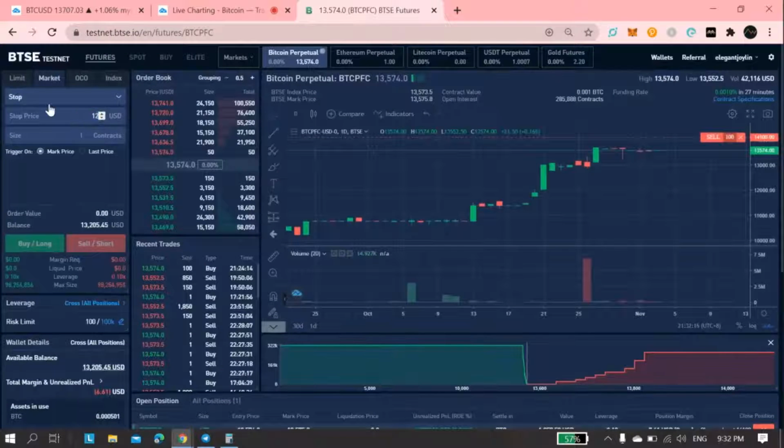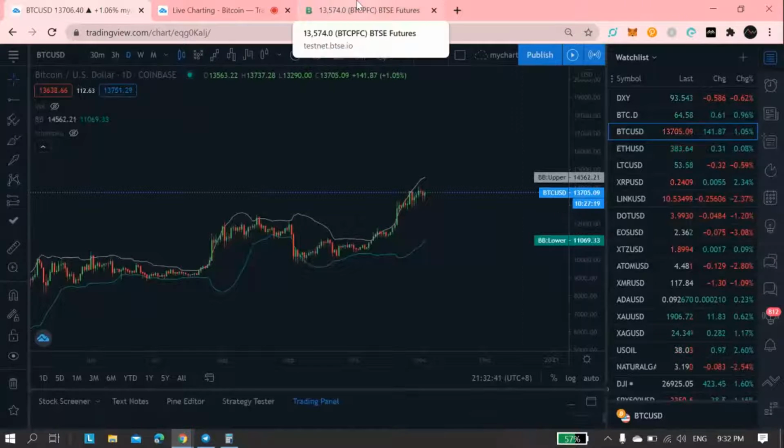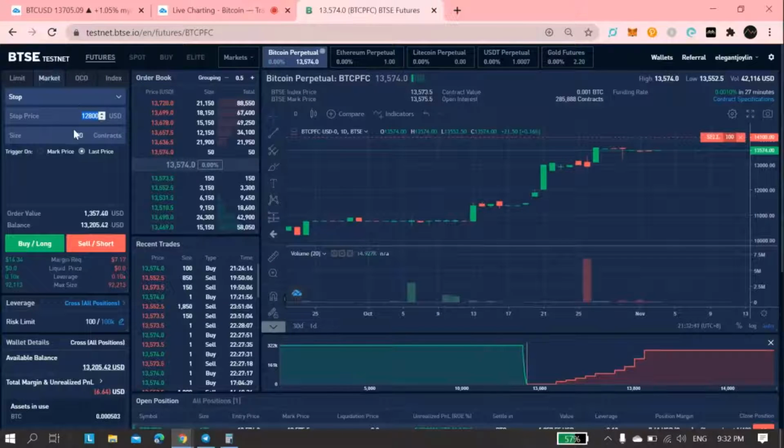So let me use 12,000 as stop loss, and then the size is 100. I normally use the last price and then sell or short. Oh, why did it go to 13,000? No, 12,800. Anyway, I remember it's 12,800.